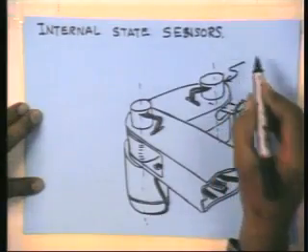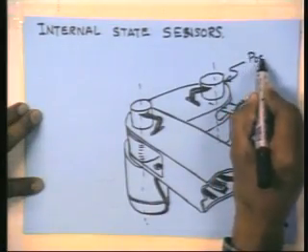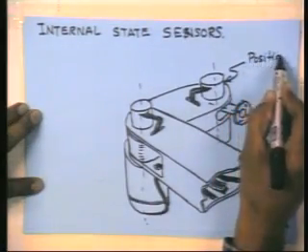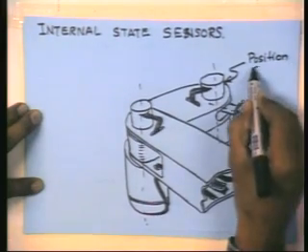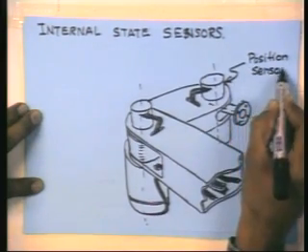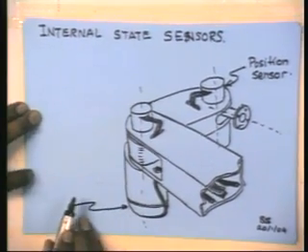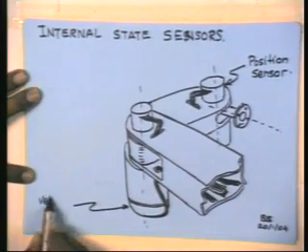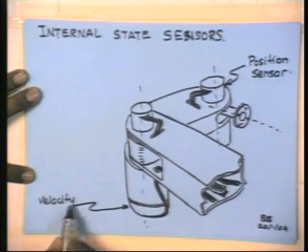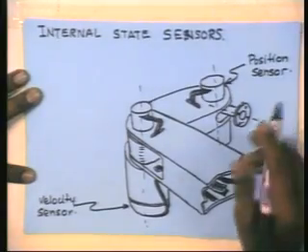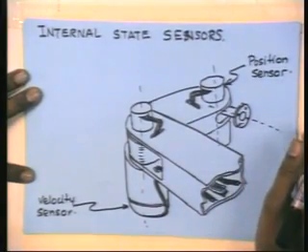And so you will typically have things like position sensors, you may also have some kind of velocity sensor, and there can be different types of position sensors and velocity sensors.